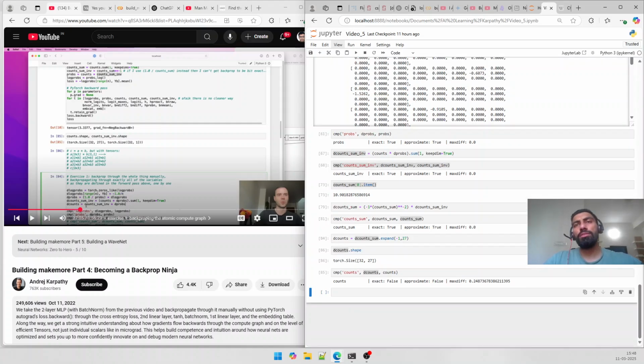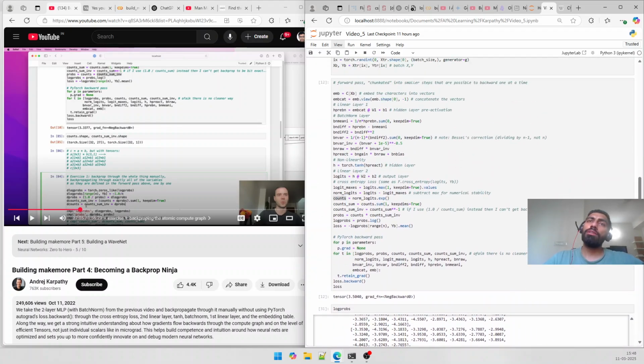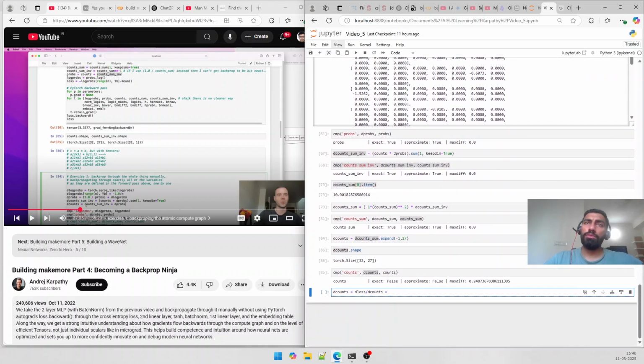Okay, I made a mistake again here. Decounts, meaning d loss by decounts. Okay. So count impacts decounts sum. Okay. Means I want to use this.